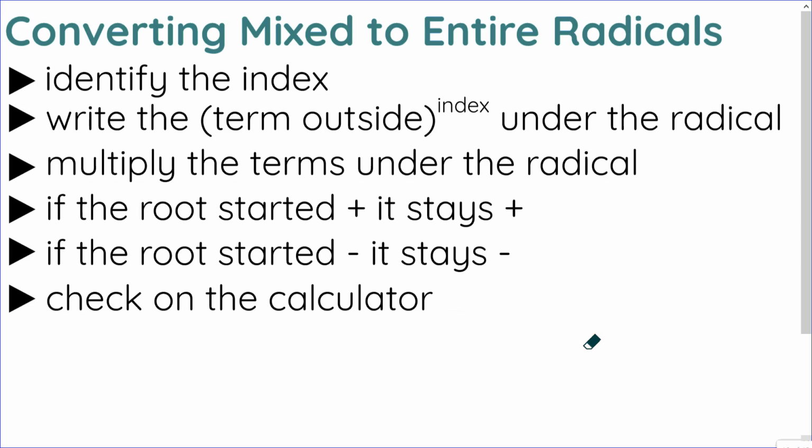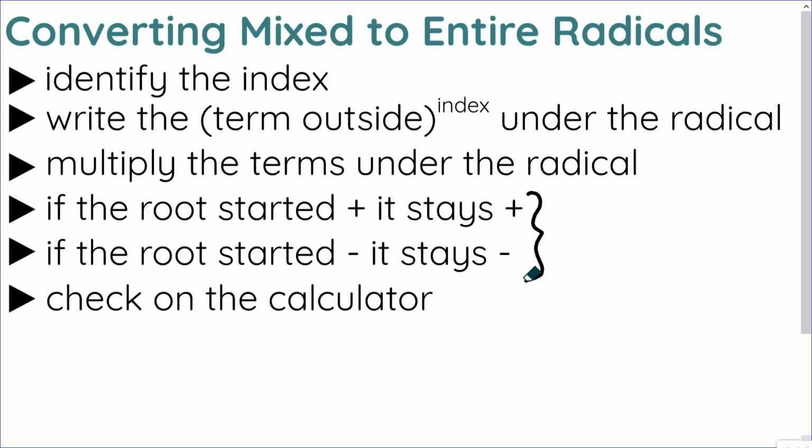Okay, let's go on to mixed to entire radicals. So to do this, I want you to identify the index first. What kind of a root are you taking? And then take whatever term you have outside, raise it to the exponent of that index, and write it under the radical. Then you're going to multiply that with what's already underneath the radical. Now this is really important.